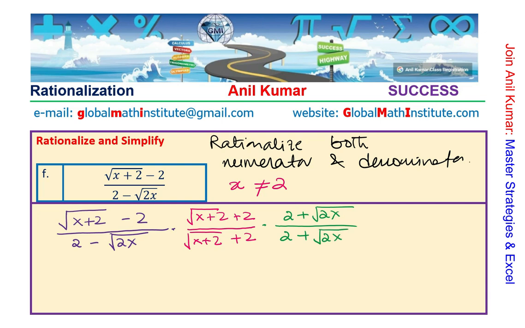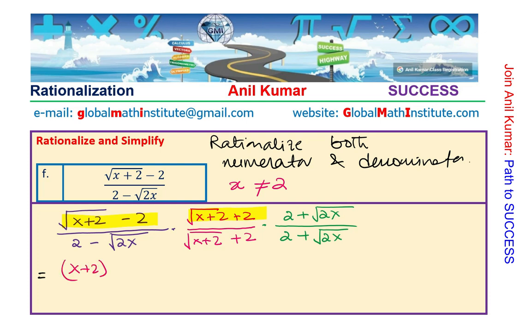So that is what you get. And now, when you expand and simplify, these two terms, when you multiply, what do you get? You get x plus 2, right? Minus 2 squared, which is 4, as the first term. And then you're left with 2 plus square root of 2x.